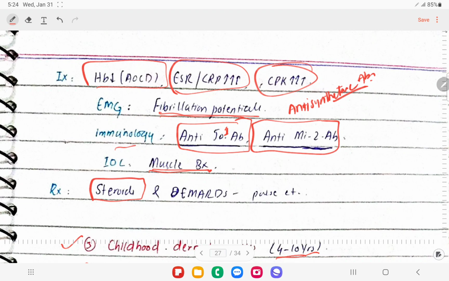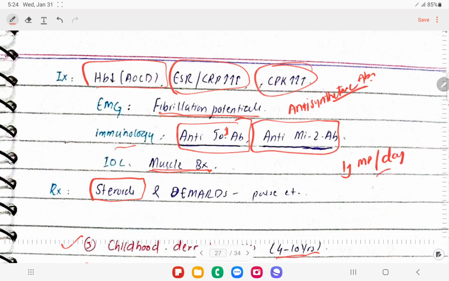If there is respiratory and pharyngeal muscle involvement, we need to start pulse steroid therapy, that is 1 gram of methylprednisolone per day, right?